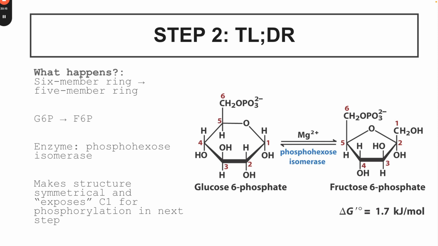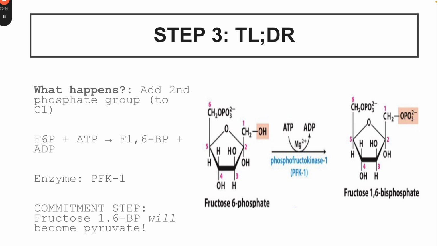It makes structures symmetrical and exposes C1 for phosphorylation in the next step. This is important because we can see C1 is anomeric carbon, but it's also in this ring. In this step, we're exposing our carbon 1 to be phosphorylated in the next step. And delta G is pretty close to 0, so we don't really worry about it.